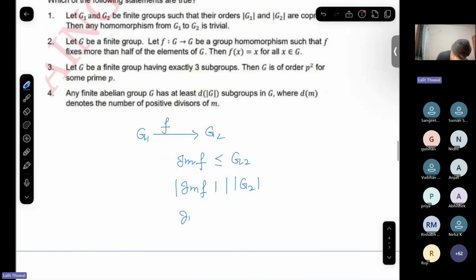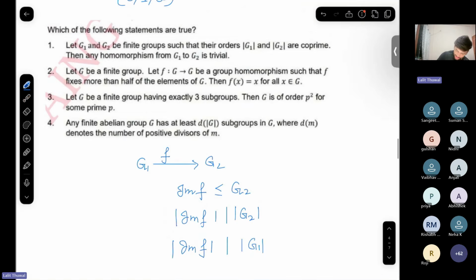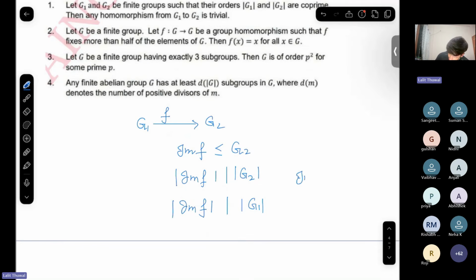And this also should divide order of G1. Any number which divides order of G1 and order of G2 must be 1, because their orders are co-prime. So it means image of F has order 1. That means F is a trivial homomorphism.